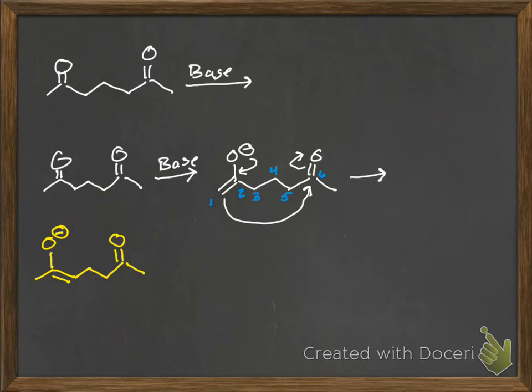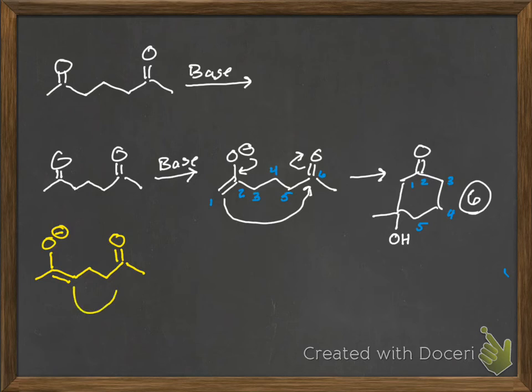So when you get into your product, you can do this. 1, 2, 3, 4, 5, 6. So you know this carbon here has the OH. We've already grabbed the proton there. It's not that exciting. And the methyl group hanging off of it. This is a 6-membered ring, which means it is favored to form.